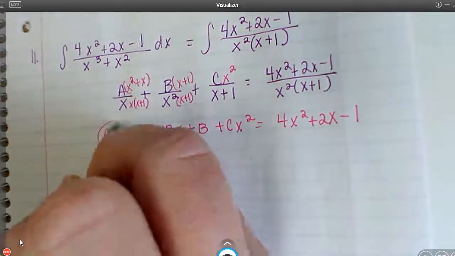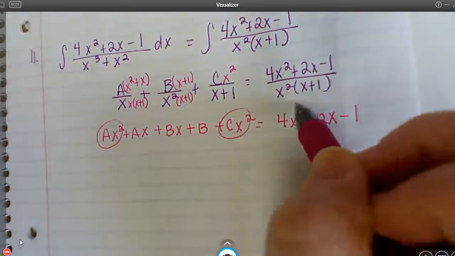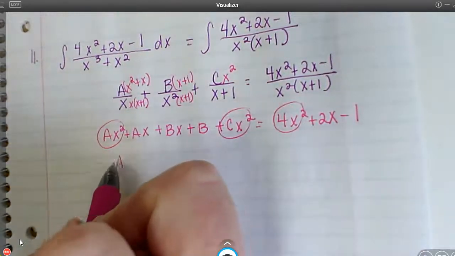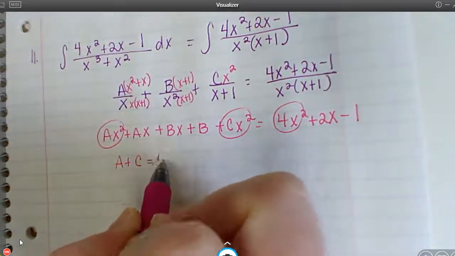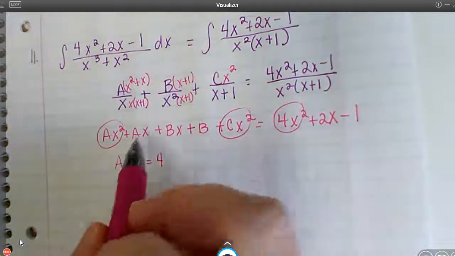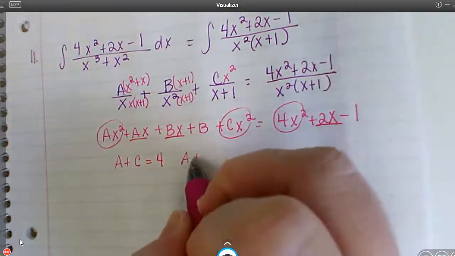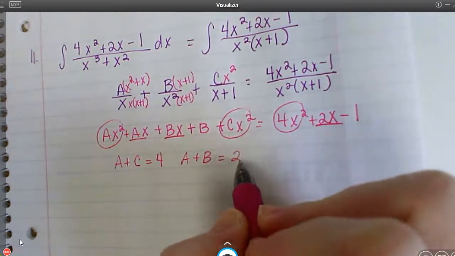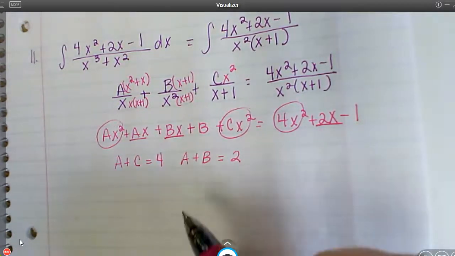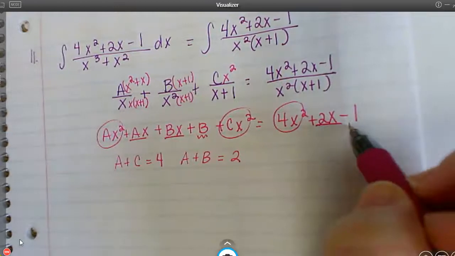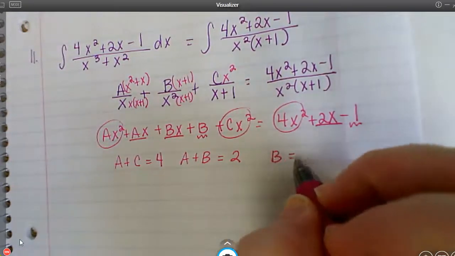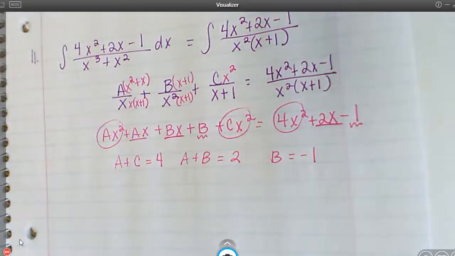Alright, so let's see what all we have here. So we have a plus c equals 4. We have a plus b equals 2. And then, very nice, at the end we have b equals negative 1.